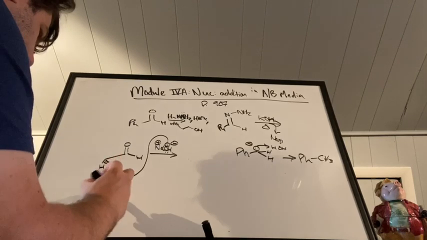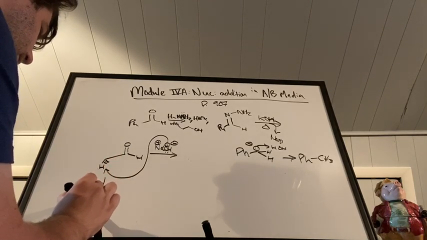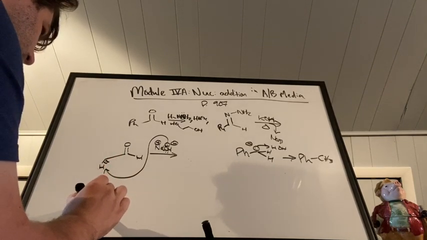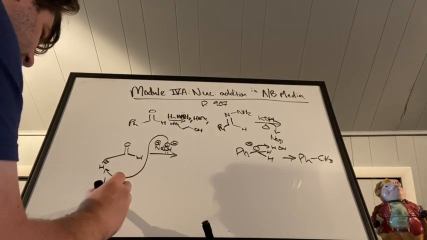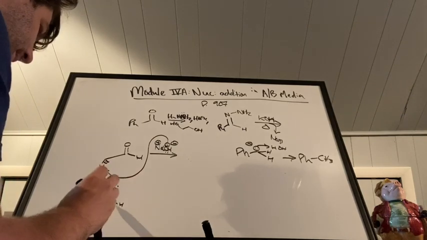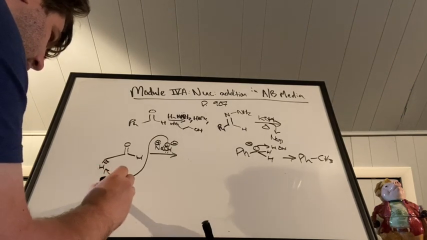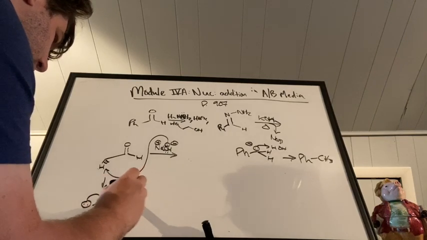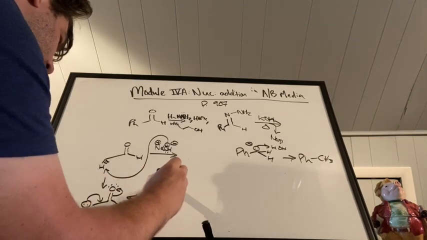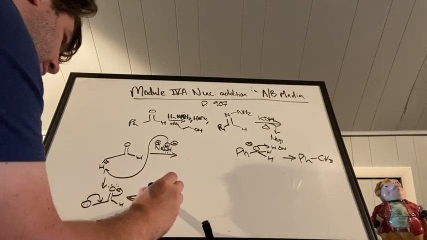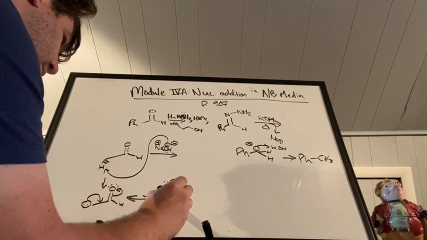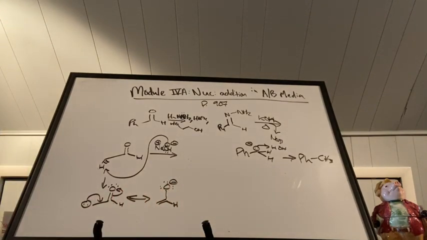And as a result, we're going to generate a resonance hybrid. So here's the enolate form.